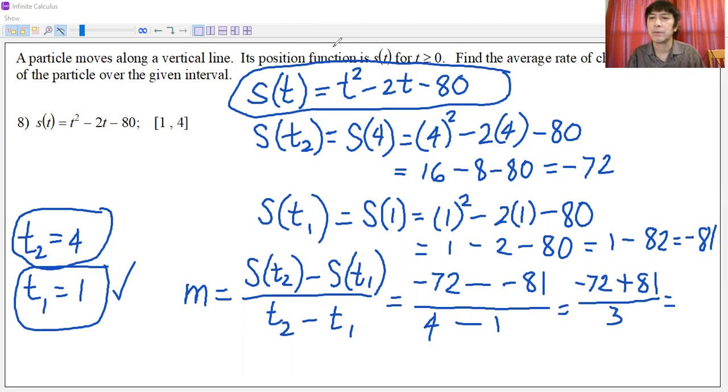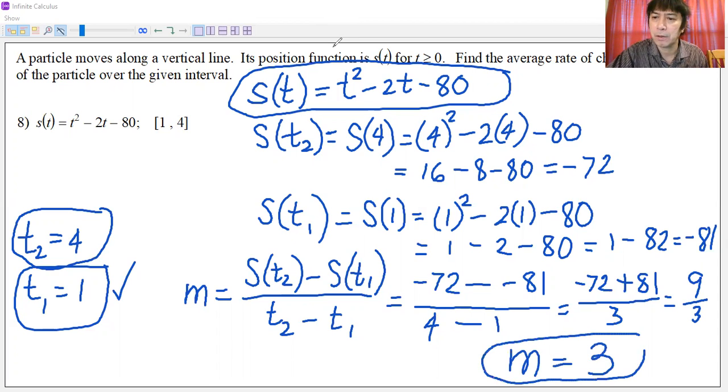So negative 72 plus 81, that will be about 81 minus 72, which is 9. Divided by 3, that's exactly 3. So our M is equal to 3.